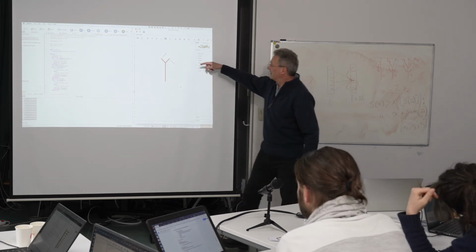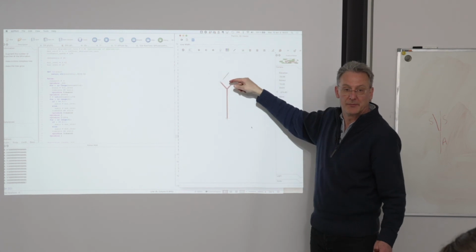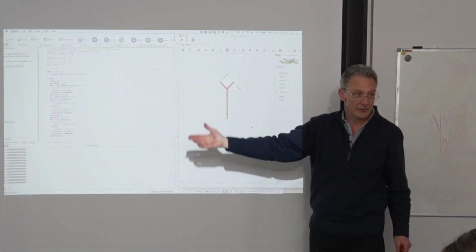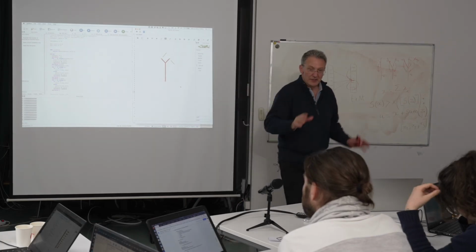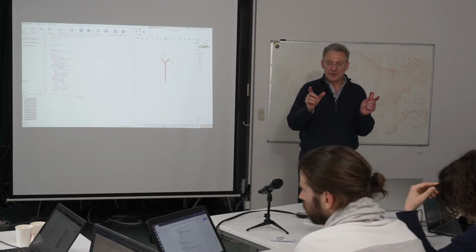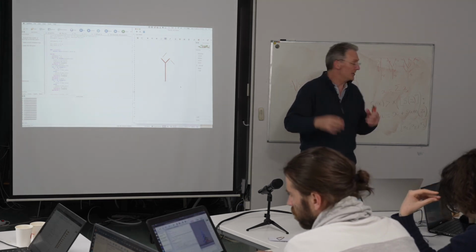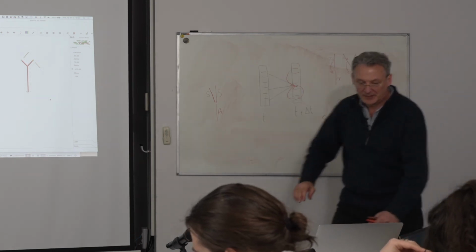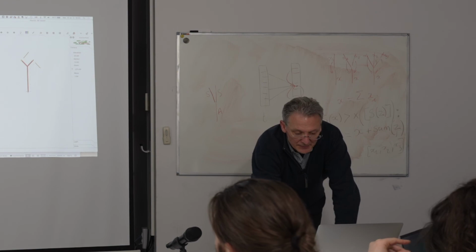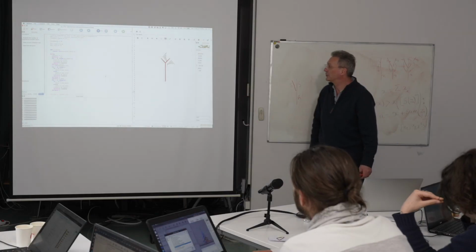I gave high temperature to the extremities of the tree, and I want to solve the heat equation on the tree structure. So I didn't change anything about the rules. I just changed the context sensitivity by writing this type of thing. And now you see that for almost nothing, you will get the transport equation that is solved on a tree structure.